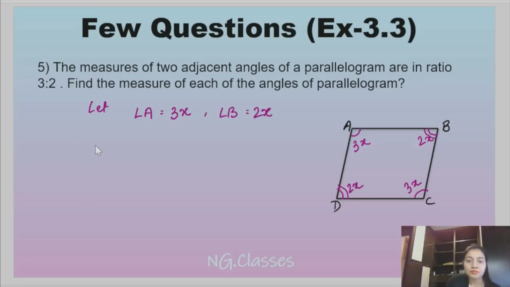So we know the sum of interior angles of a parallelogram will be 360 degrees, right? We have done it for a quadrilateral, and a parallelogram is also a quadrilateral.